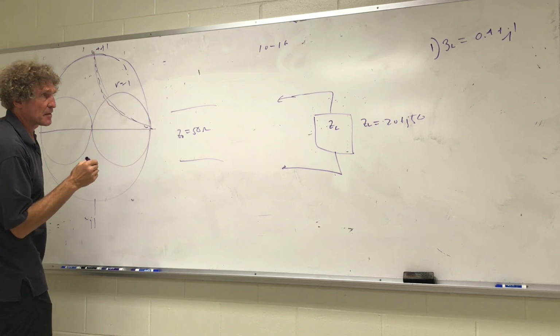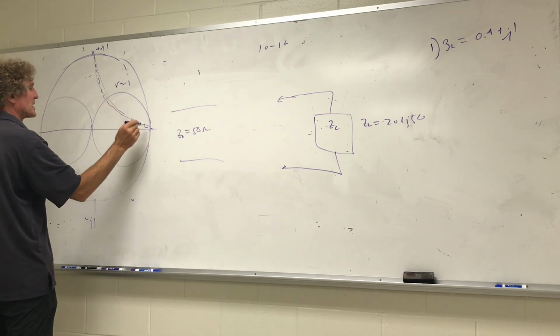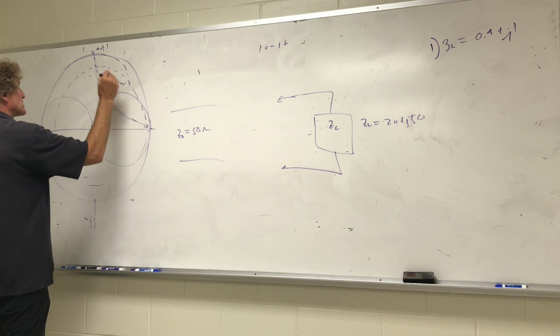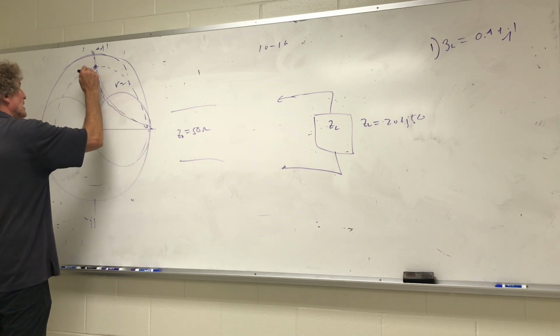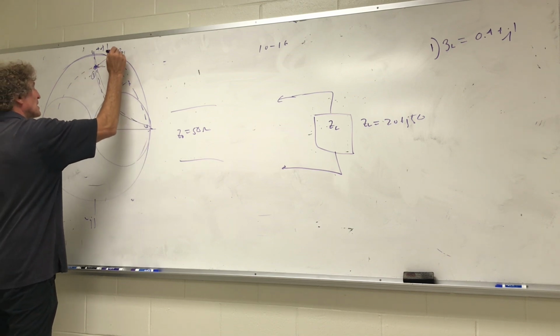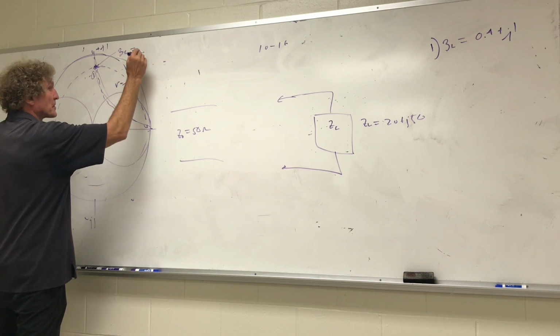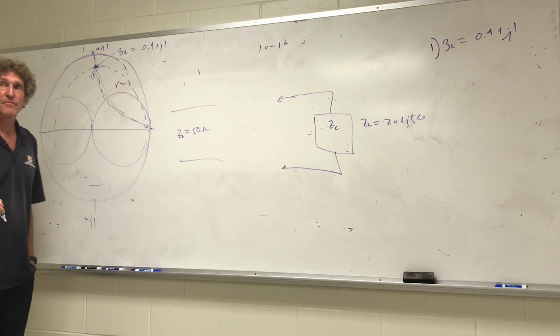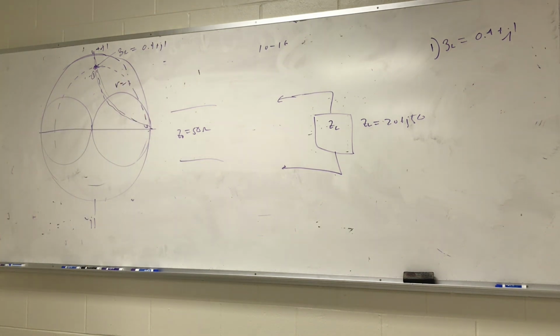And then it's 0.4, I'm going to say it's about here. I might not be exactly right, but that is ZL equals 0.4 plus J1.